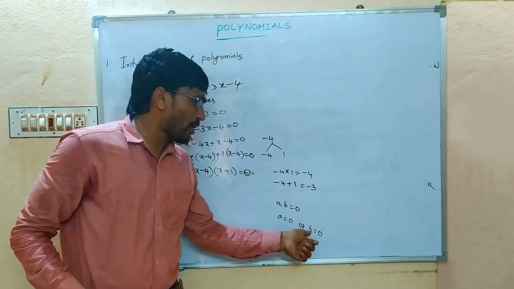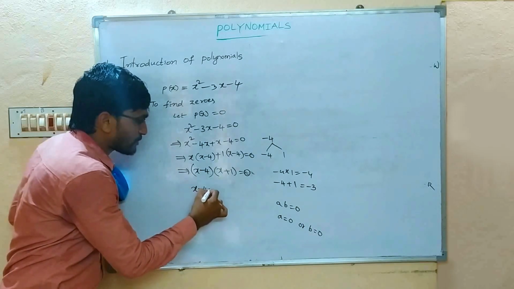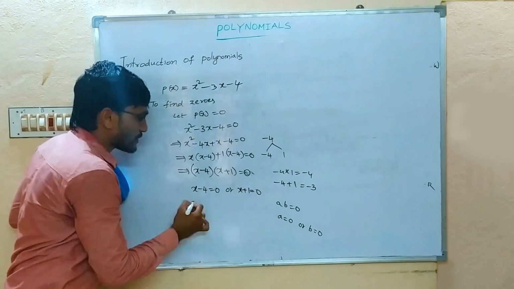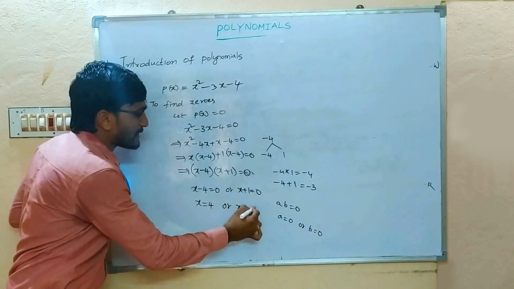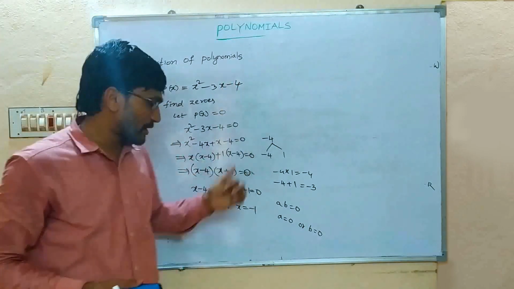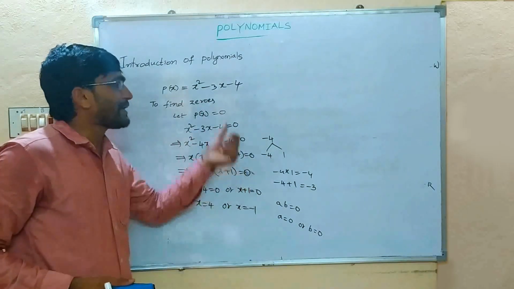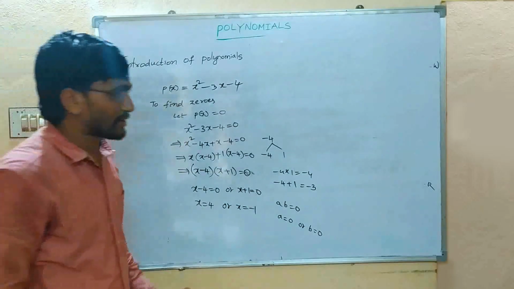So x minus 4 equals 0 or x plus 1 equals 0, which gives x equals 4 or x equals minus 1. The values of the variable are the zeros of that polynomial. So the zeros of this polynomial are 4 and minus 1.